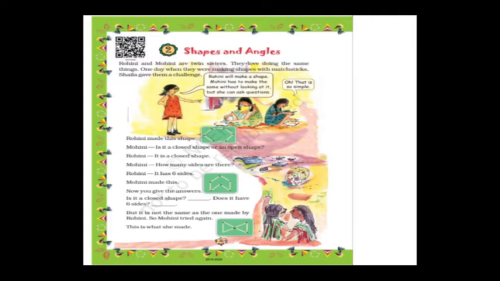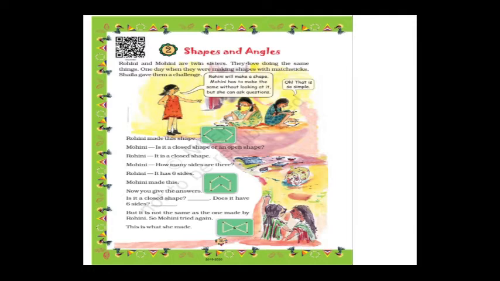You can also observe that if your friends are twins, they will love to do the same things. One day they were making shapes with matchsticks. Shaila is their friend, the friend of twins Rohini and Mohini.